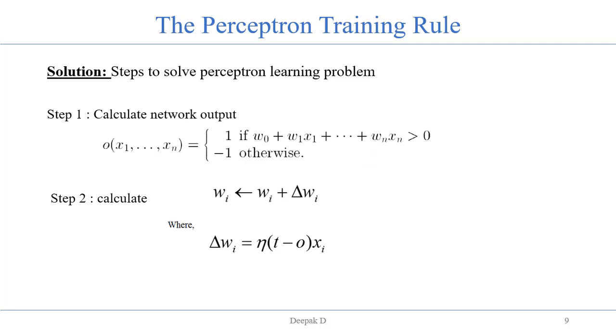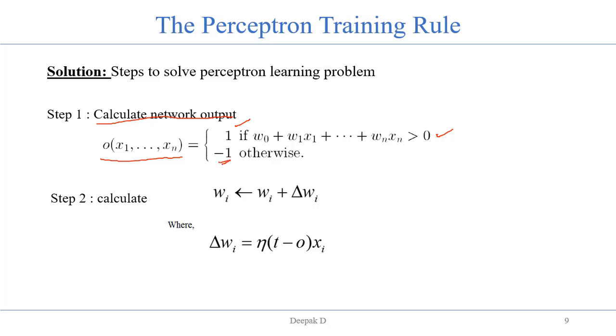To solve that problem, there are 2 important steps. The first one is you have to calculate the network output. So how do you calculate the network output here? This is the formula, a linear combination of the weight vector and instances. If it is greater than the threshold value, then it will return +1, otherwise it will return -1.